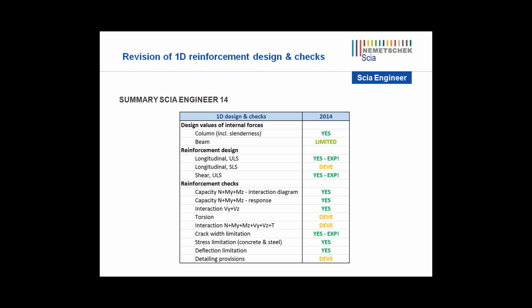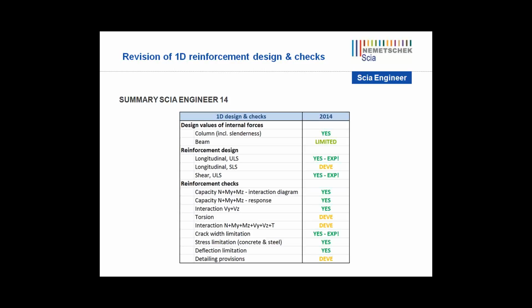Then, for example, reinforcement design. As you can see, longitudinal reinforcement design in ultimate limit states is indicated as a yes, which means all the same functionalities that you had in the 2013 version are available, and it has even been expanded with additional functionalities, which I have explained in my previous slides.